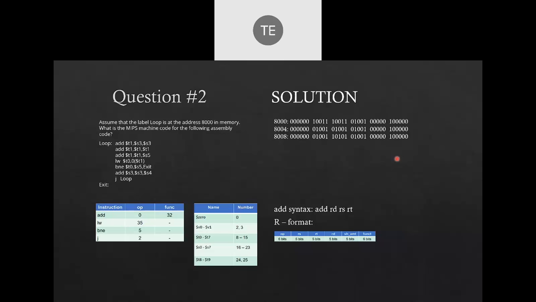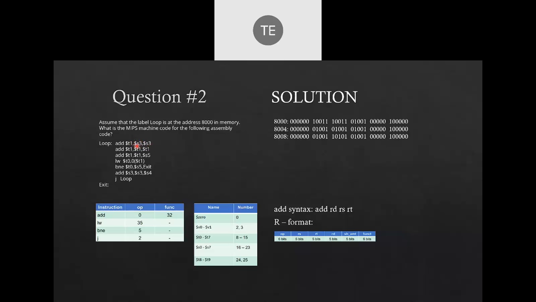And this one is operation add, right? From the table on the right-hand side, we can see that the operation is 0. So we need to write 6 bits of 0. So 0, 0, 0, 0, 0, 0. And next, the syntax is rs, which from the syntax is S3.